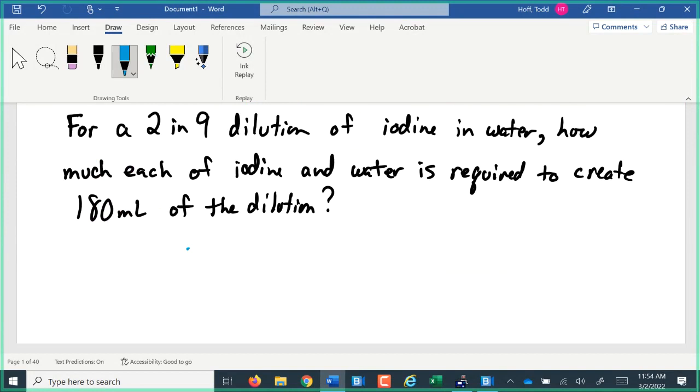So for this one, we want both how much of each, the iodine and the water.